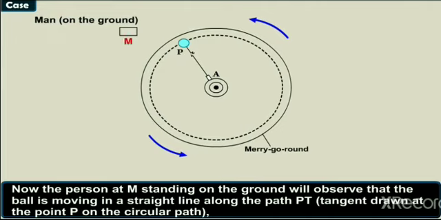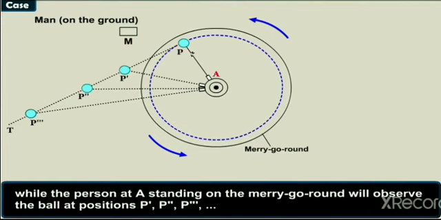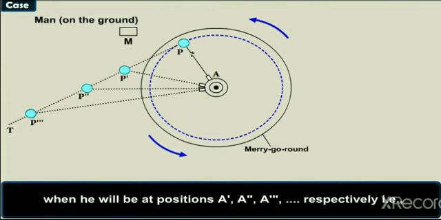Now the person at M, standing on the ground, will observe that the ball is moving in a straight line along the path PT, tangent drawn at the point P on the circular path, while the person at A standing on the merry-go-round will observe the ball at positions P', P'', P''', when he will be at positions A', A'', A''', etc., respectively.